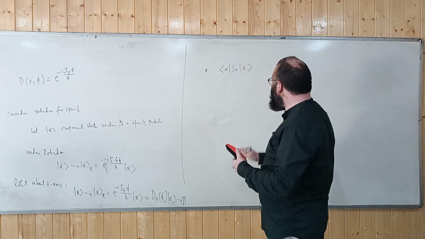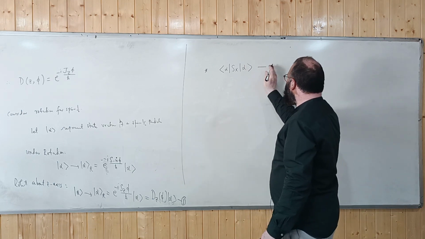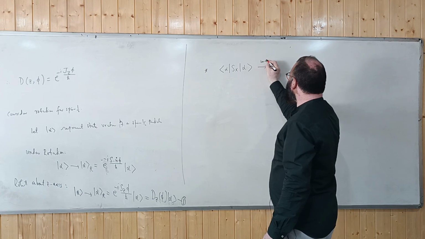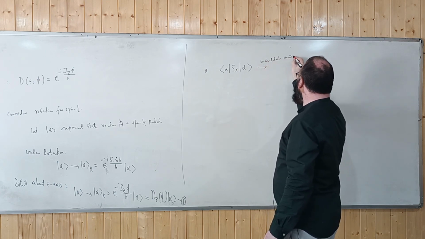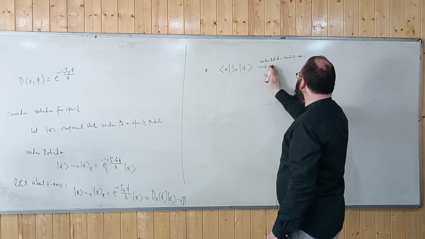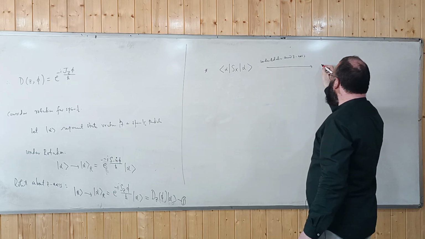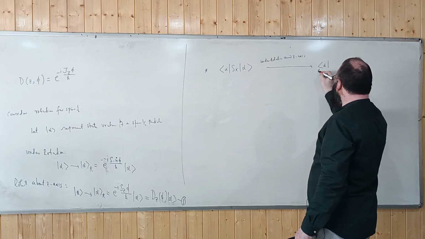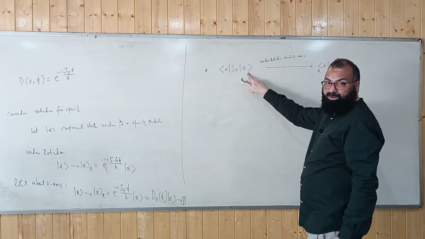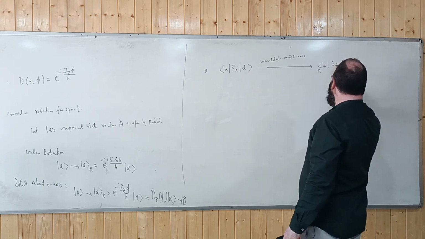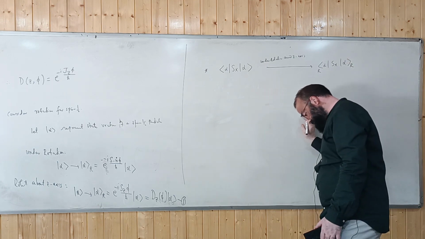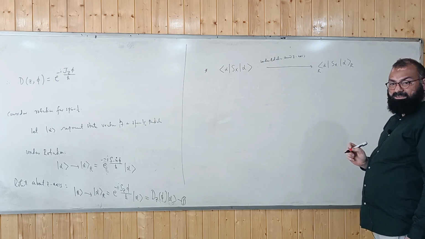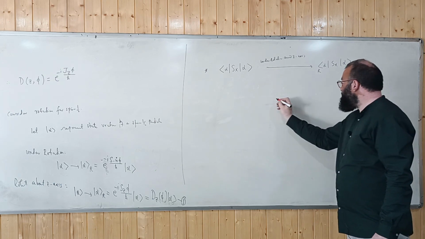So under rotation around the z-axis, how does it go? It will be like this: alpha rotated, because now alpha will get rotated, and then you are having Sx. So what is that equal to?